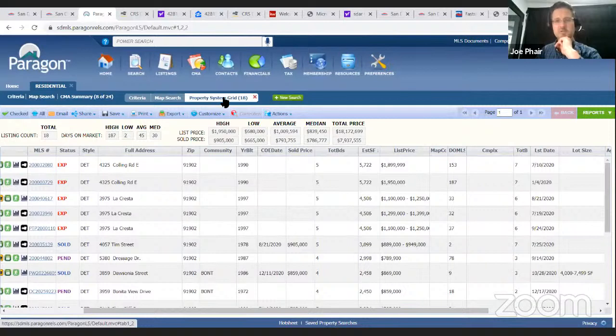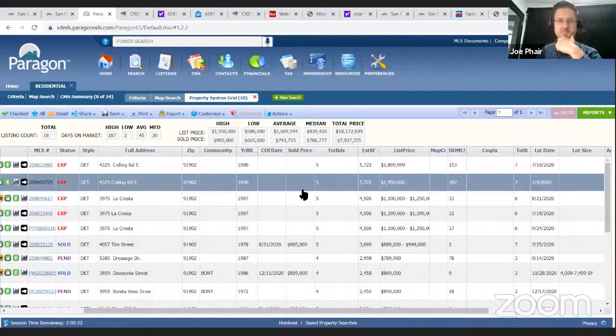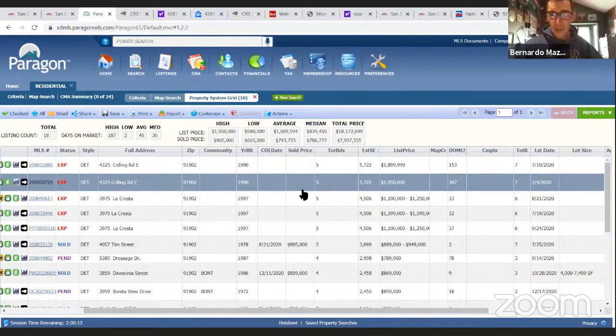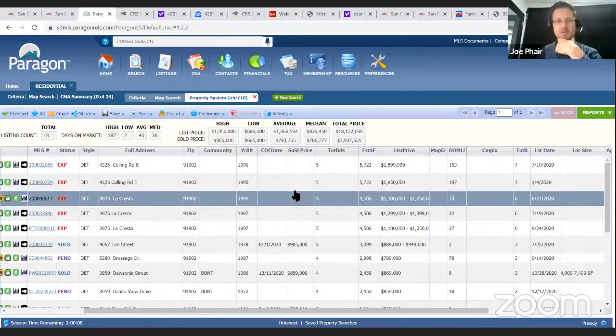So the first thing I'm trying to do is find homes that are similar in size. Were those recently sold or just in general? Both. All the recent sales, the homes are significantly smaller.